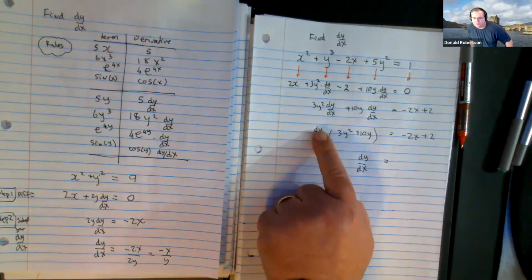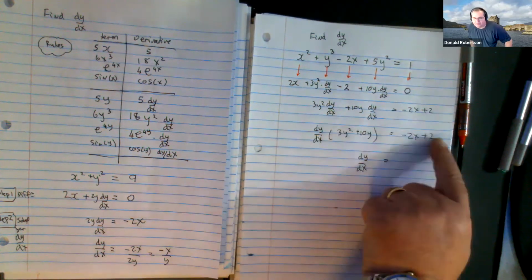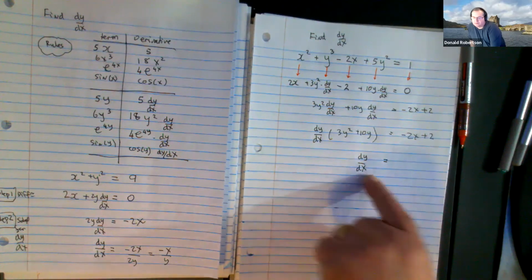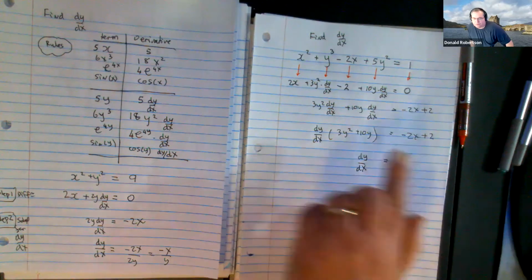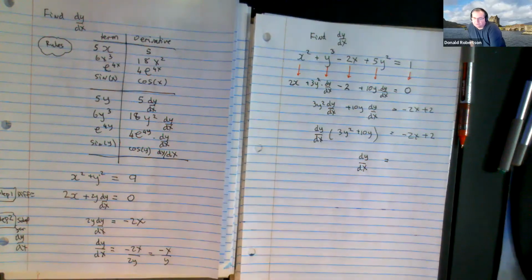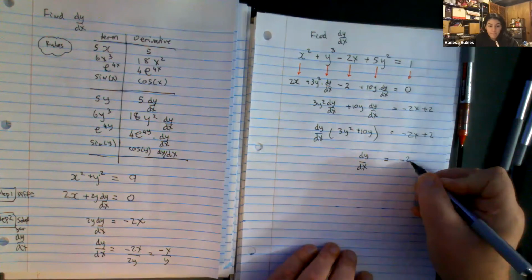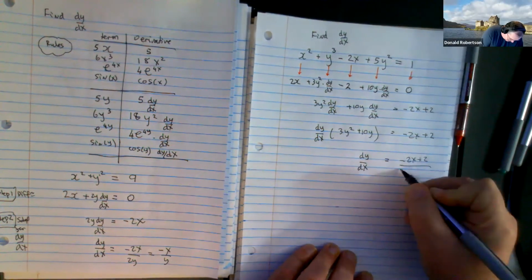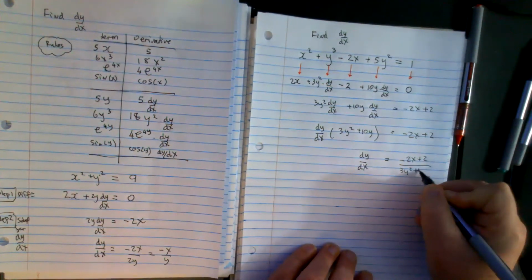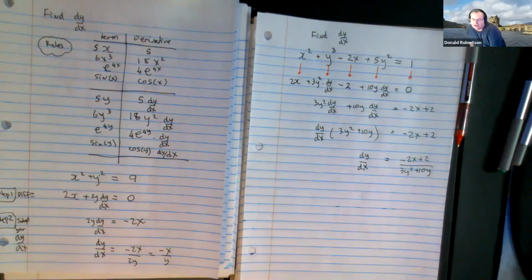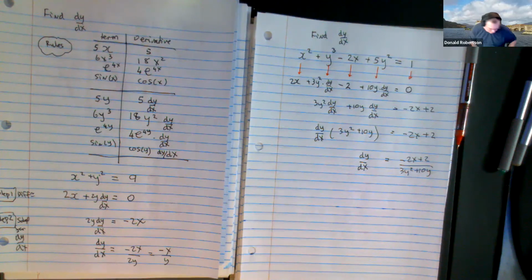What should I do to isolate it? Would you divide by 3y squared plus 10y? You do. And if you can see any factoring or cancelling, you should do it. I don't really see any factoring and cancelling worth doing here. Would you agree? Nothing in the top has anything it can do with the bottom. And so we're finished.